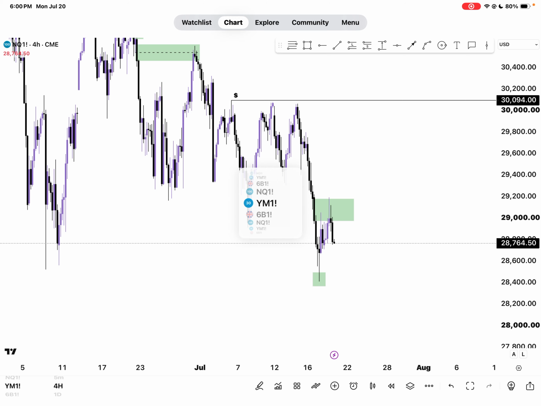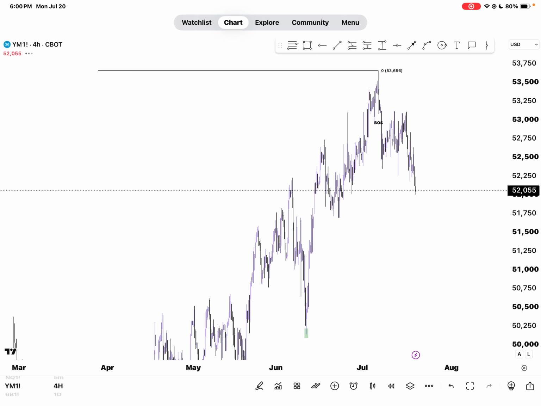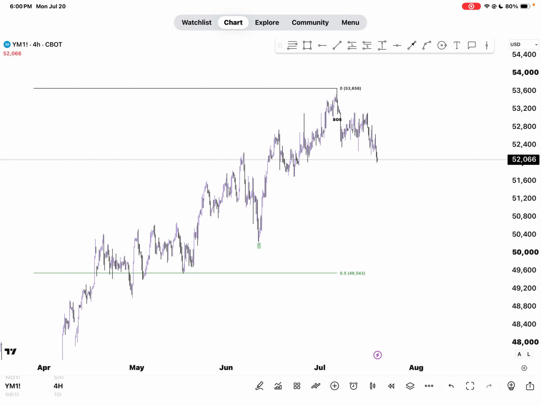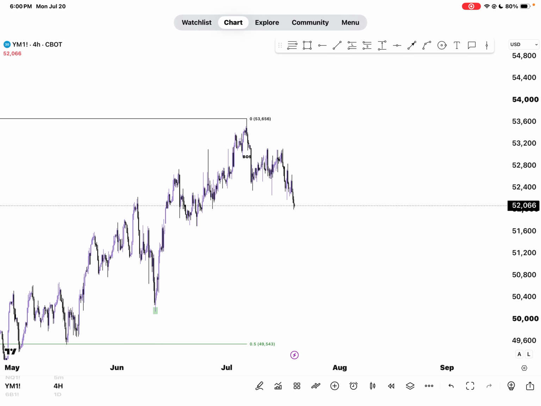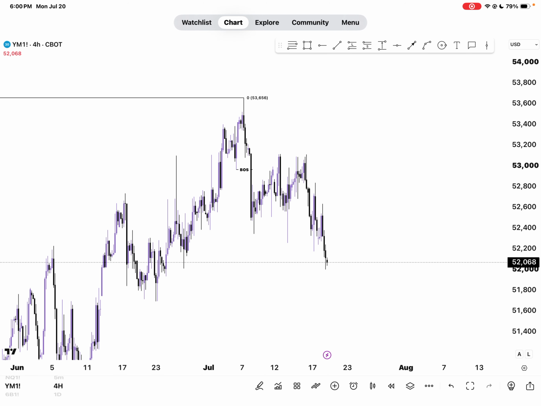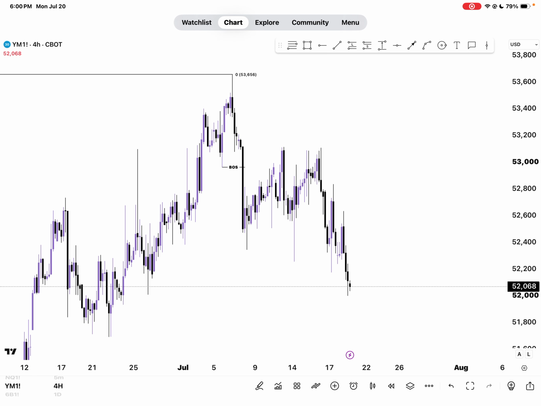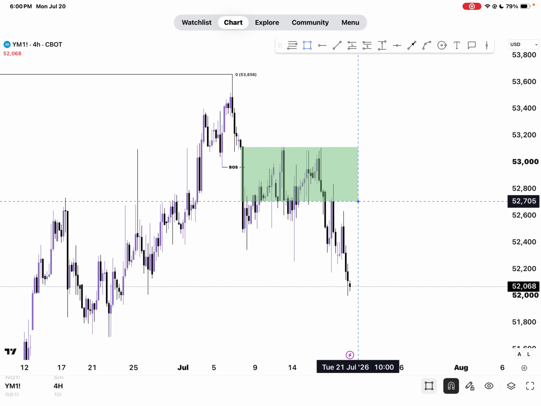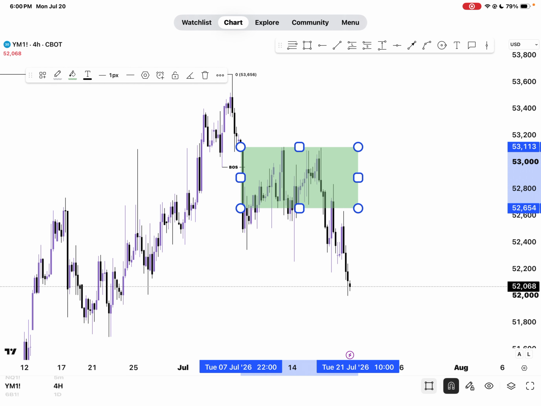All right. And then for the Dow Jones, it seems that this range actually is the range that is sustaining itself. So one thing that I would like to note here is that the Dow Jones actually gave a very good opportunity that I missed. So if you caught it, that's great. There was, after this break of structure, the creation of this inefficiency.